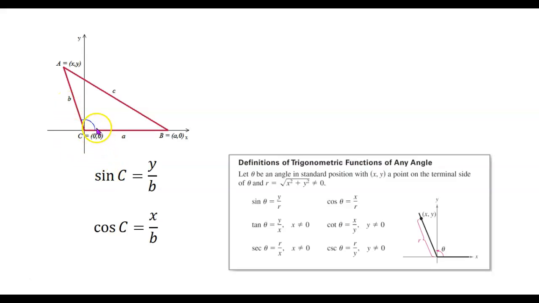So we can say that the sine of this angle C is the y-coordinate over the distance, so here that would be y over b. And the cosine of angle C is the x-coordinate over the distance, x over b. And then rearranging a little, we could say y equals b times sine C, and x equals b times cosine C.